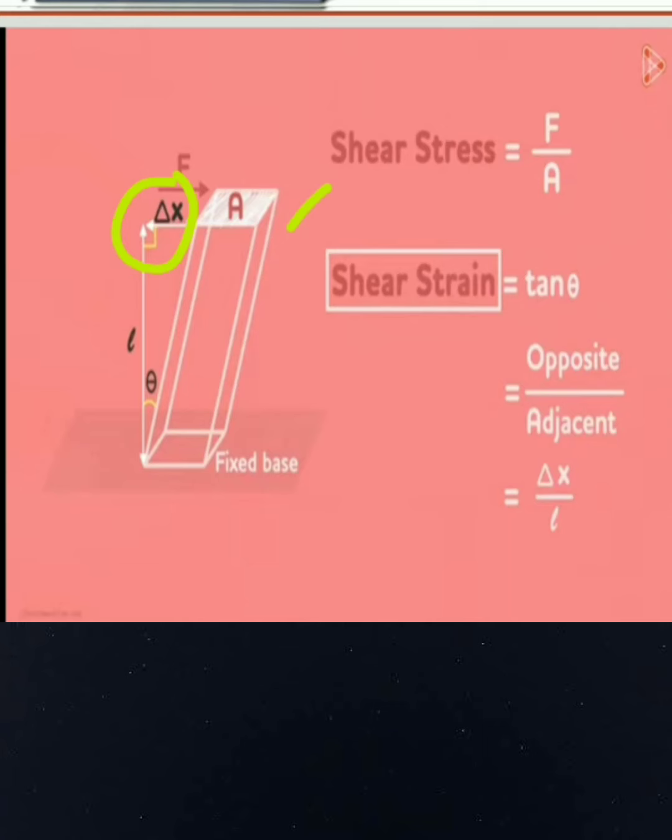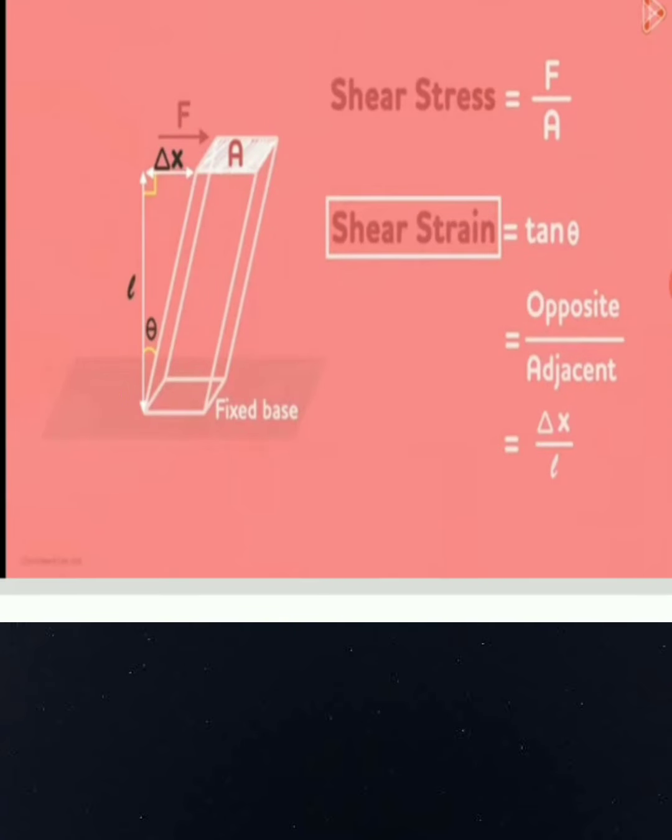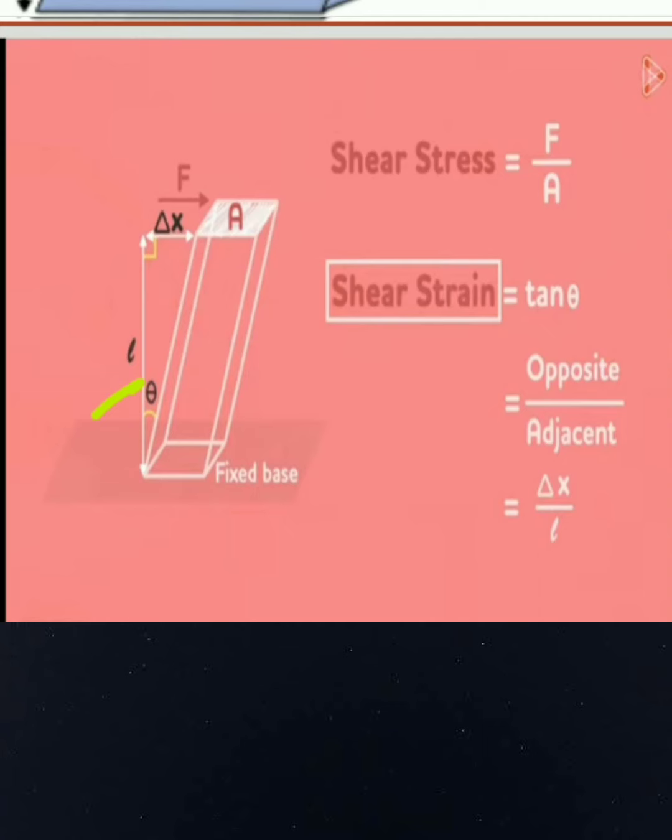Shear strain will be tangent theta, where tangent theta is perpendicular upon base. Here perpendicular is your delta x and base is L, the length of the object. So tangent theta equals opposite upon adjacent, where opposite is delta x and adjacent is L. So this is what is called shear modulus.